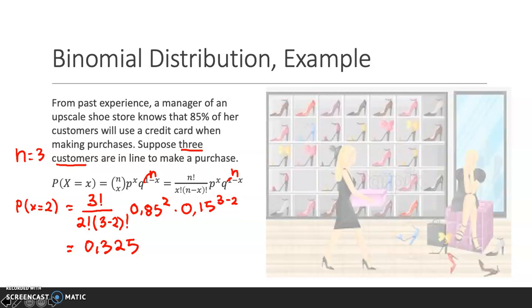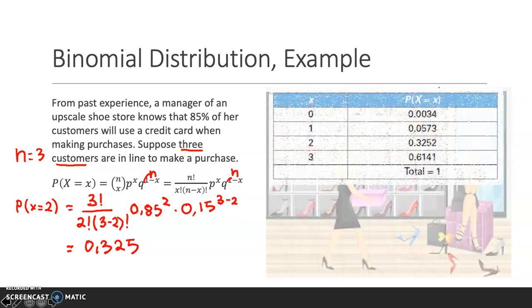This result that we got using the formula is just similar to the result that we got when we constructed the table from the tree diagram. When x equals 2, the probability is 0.3252, just similar to the one that we got using the formula.